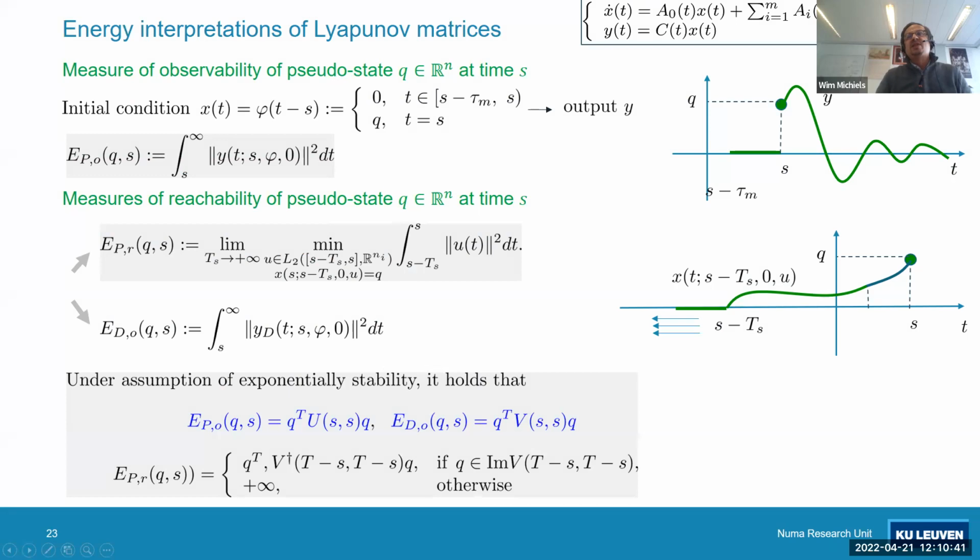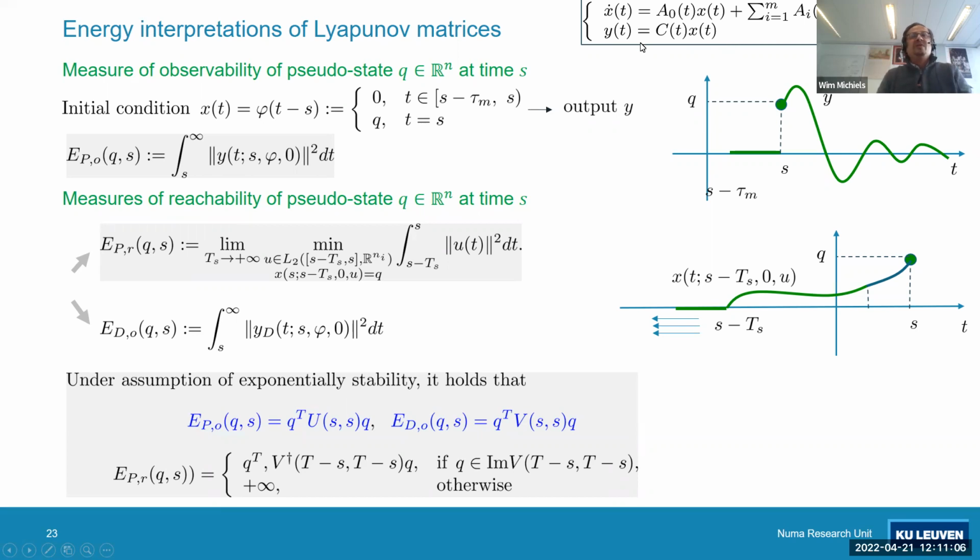Suppose that you have your system on top, periodic with delays, and we want to reduce it to a smaller problem where the input and output dimension remain the same, but the dimension of X you want to be much smaller. At the end, it's a black box. You put an input function in it, you get an output coming out of it.